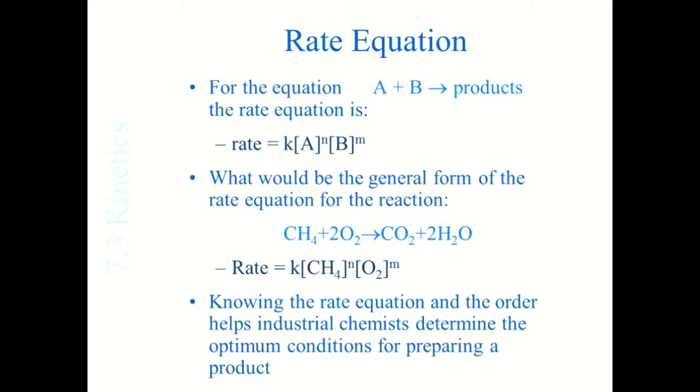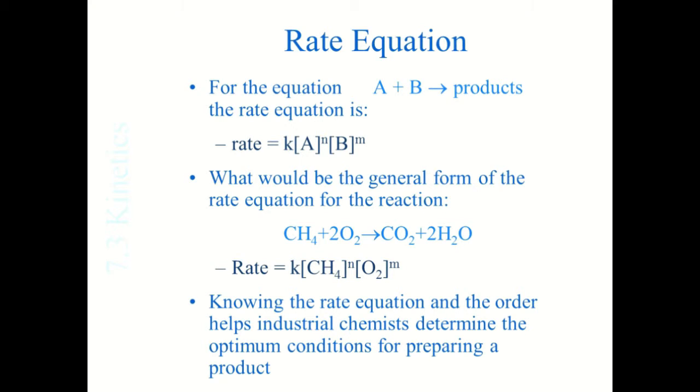So here's some more examples. This is for this equation, A plus B gives product. I would say rate equals K times the concentration of A times the concentration of B, because those are my reactants. I don't include the products. Those are my reactants raised to their orders, N and M. And I don't know what those are unless they tell me.